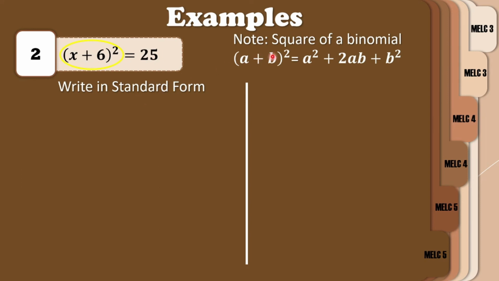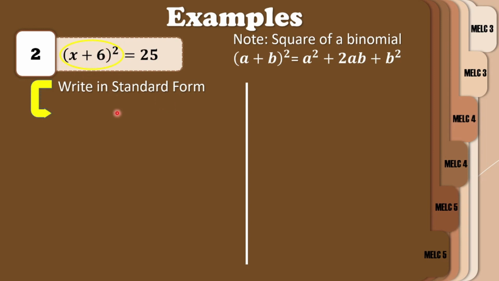So, kapag sinabing square of binomial, ang pinakamadaling way dito is we're going to get the square of the first term, then add it to the twice of the first and second term, and add it ulit sa square of the last term.